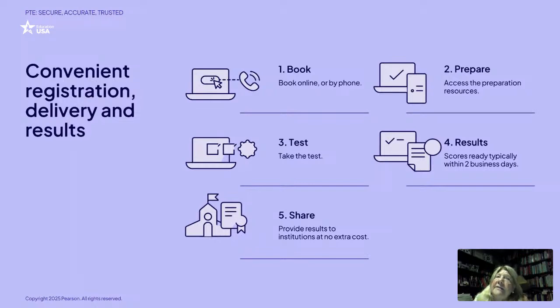And again, why this is so important is because unlike a couple of the other tests, you are able to test right away. So if you need to get a test score in quickly, you can book the test, take it the next day, get your score the next day, and get your score to the school. It's very, very fast. The results usually come back within 24 to 48 hours.